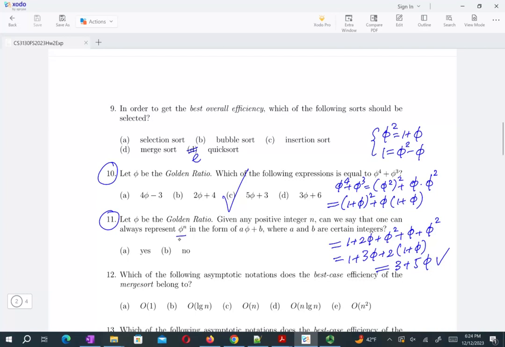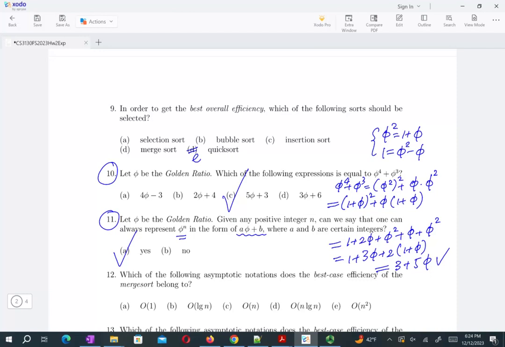Number 11, so now you can see number 11, power of phi. We want to see if any power of phi, for positive n, can be represented in the form of a phi plus b with a, b integers. Answer is yes. How to see it? Some students can imagine the process to do that.